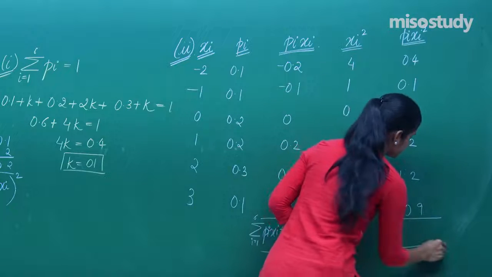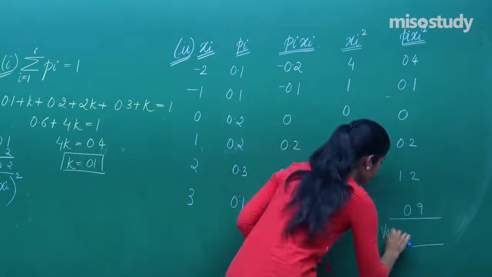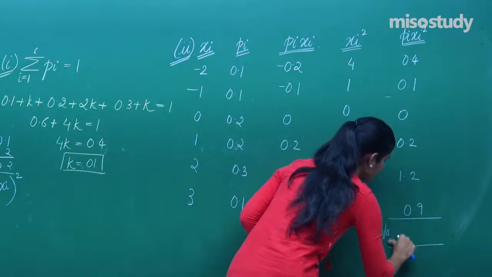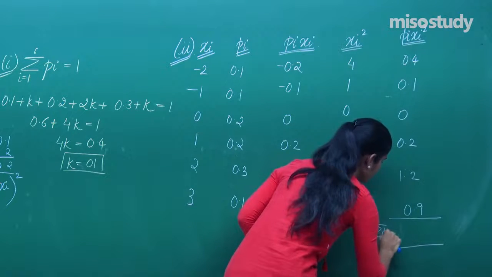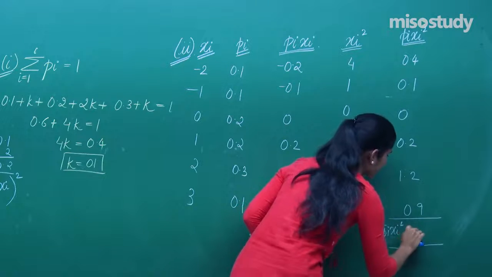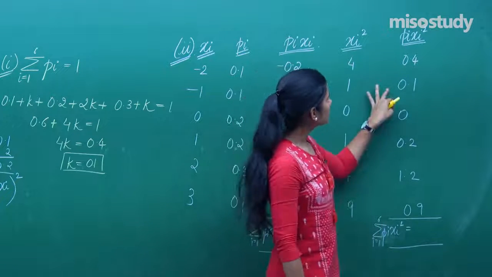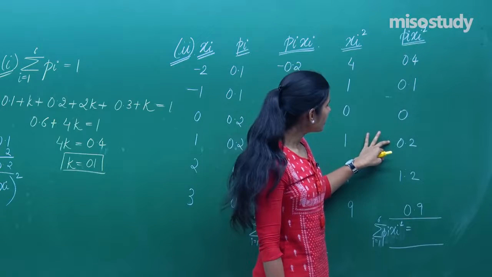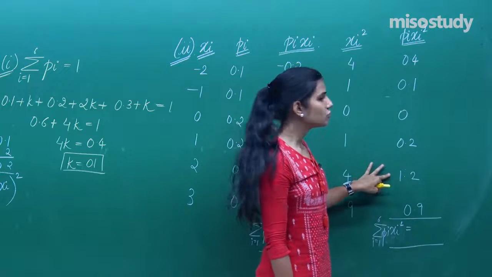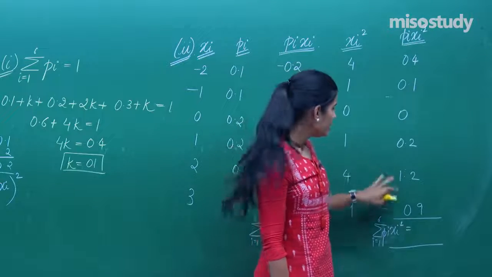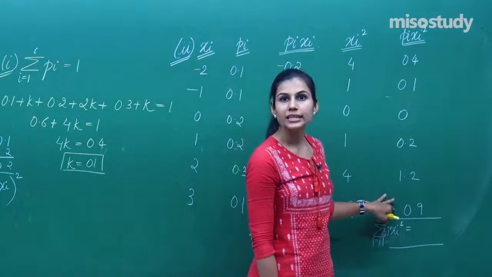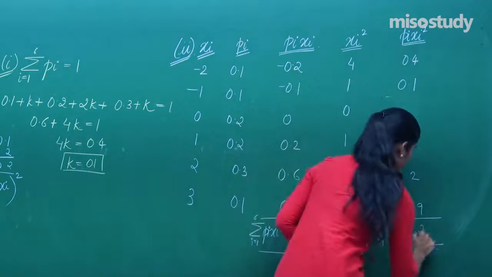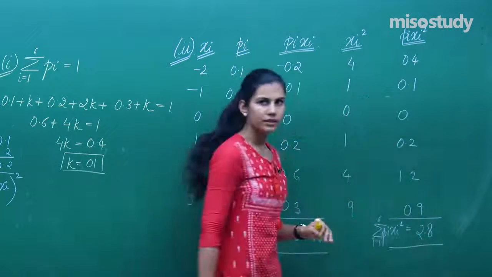Add this up. Whatever this comes out to be would be not the variance, but your summation pi xi square, i running from 1 to 6. Let's see. This is 0.5, 0.7. 0.7 plus 1.2 gives you 1.9. 1.9 plus 0.9 gives you 2.8. 2.8 happens to be this value.